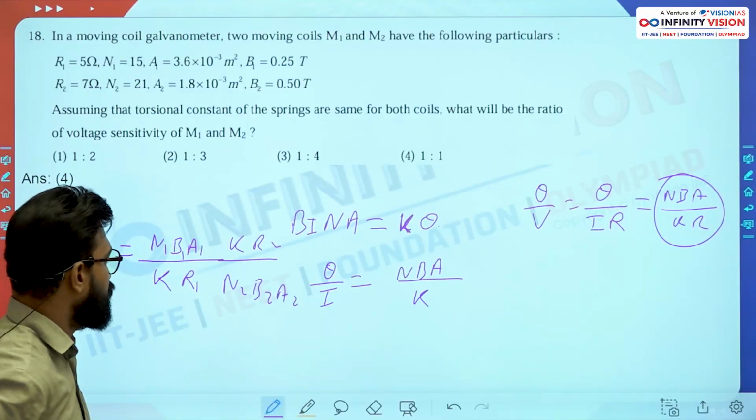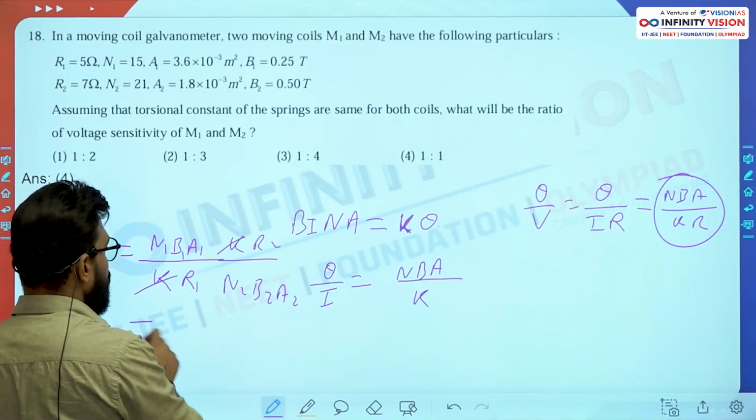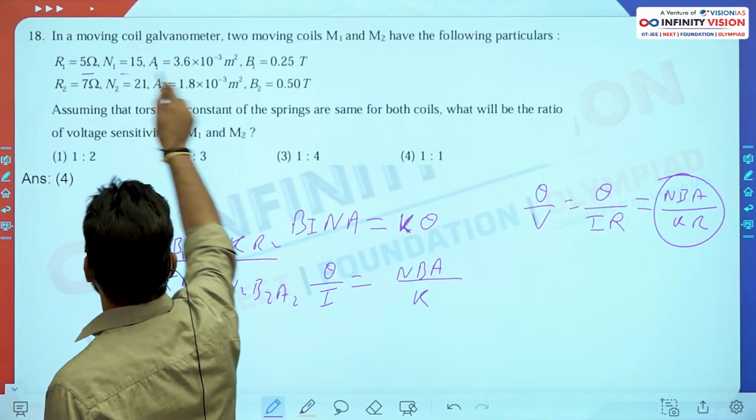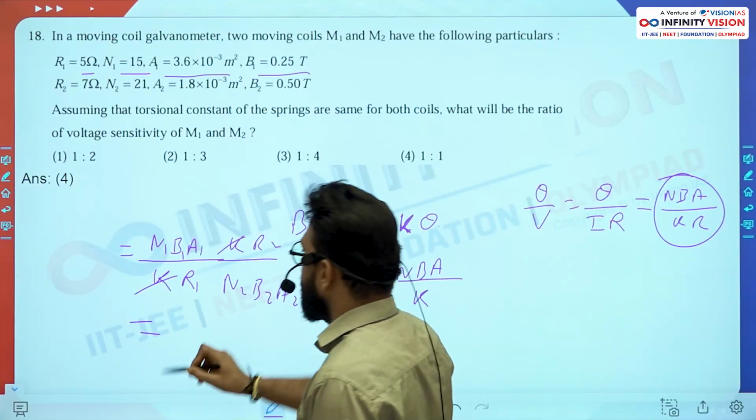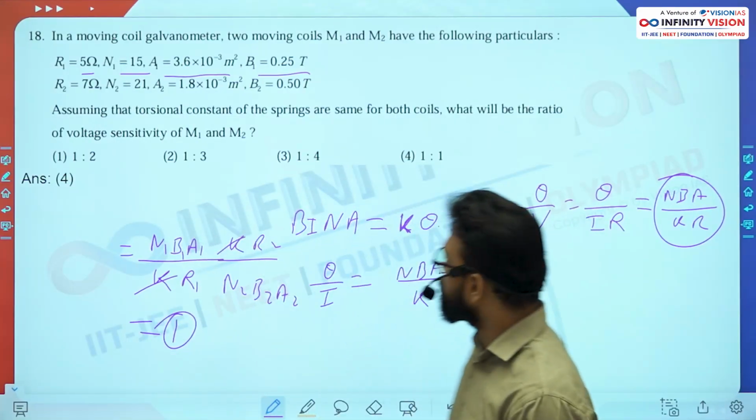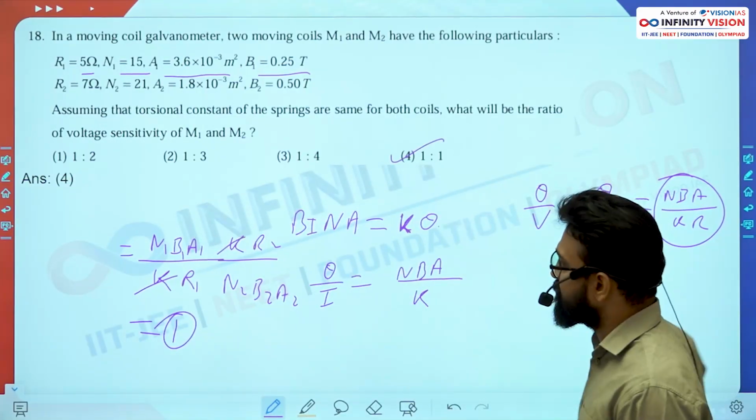Since both have the same torsion constant K, K is going to cancel out. We already have the values R1, N1, A1, B1. Put the values, and eventually you will get the final answer as 1. So this would be 1 ratio 1.